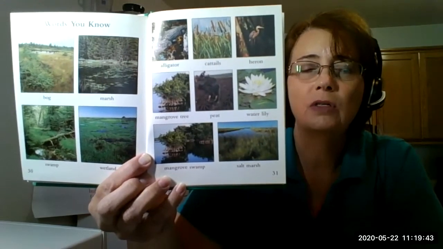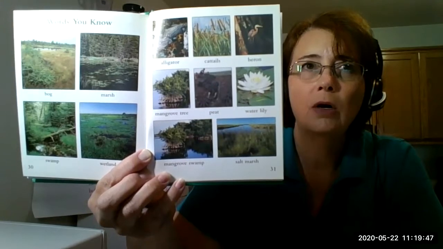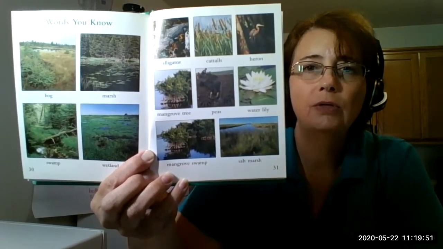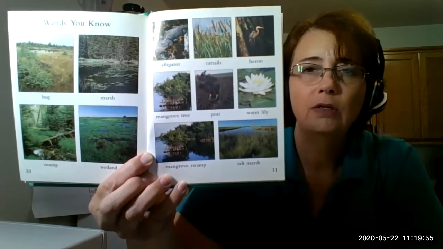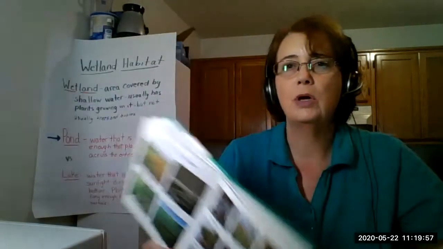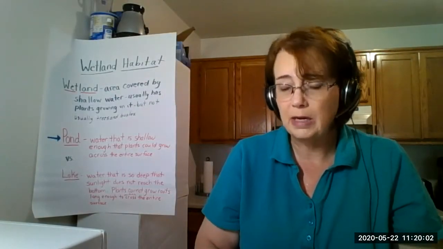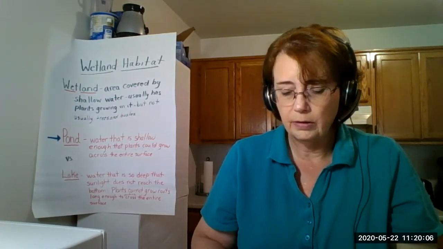And there's things called salt marshes. Salt marshes are actually where fresh water and salt water are so close together that there's a little bit of salt in the water there. So those are down near places that are close to oceans. We are not near an ocean, even though we have some really big lakes in Michigan. So let's see what we have here.